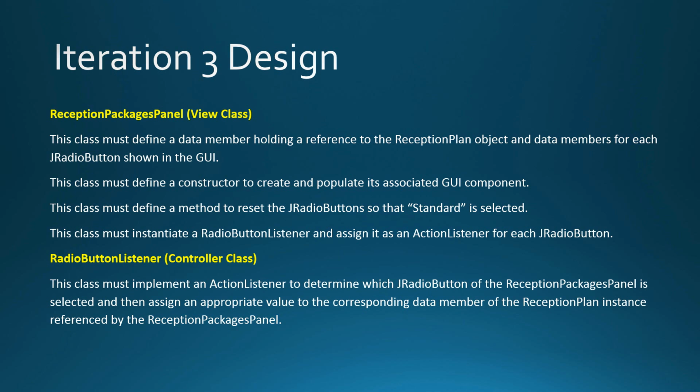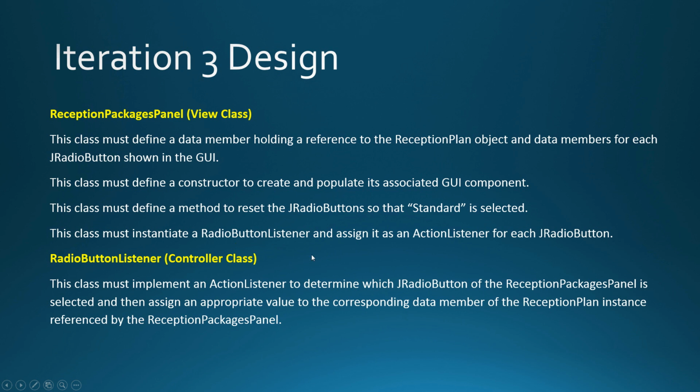We're going to make sure that when the GUI is first displayed, as well as whenever the user resets it, we'll have the standard radio button selected, and then we'll instantiate an event handler for it, an instance of the radio button listener, and it's going to listen for events from each of those radio buttons.